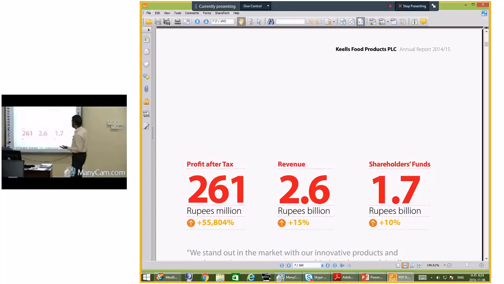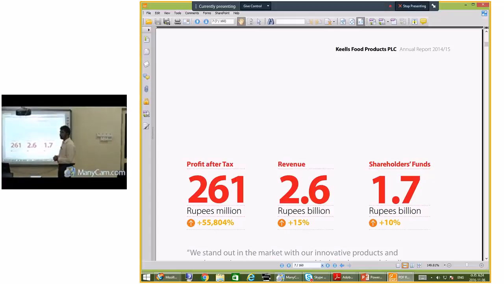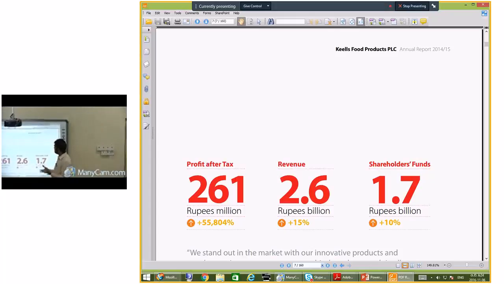Now if we assume we don't know about the financial statement or the income statement or a statement of financial position or cash flows, we can see important elements here. This is a disclosure. Now this is not a minimum requirement, right? This is beyond that. There are no other conditions from the IFRS or LKAS for that, right? That's profit after tax, revenue, and shareholders funds.